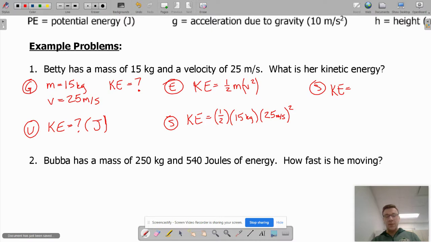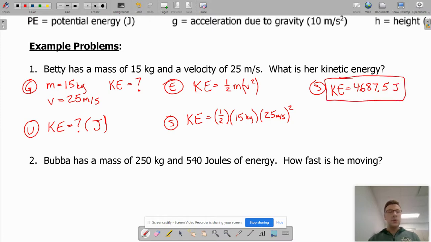Then multiply that by 15, which is 9,375, and then divide it by 2, and you'll get your answer of 4,687.5. And then, of course, the units there are joules. Okay, so there's our first problem there, solving for kinetic energy.